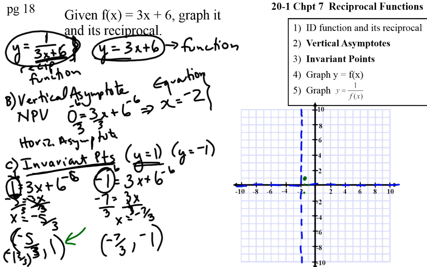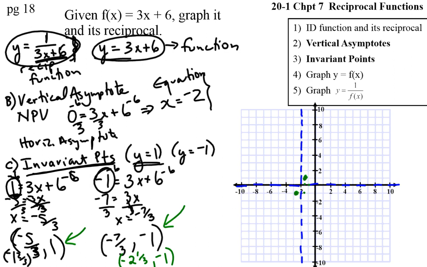There's negative 5/3 and 1, negative 1 and 2/3 and 1. There's one invariant point. Our second invariant point happens at negative 7/3, which is negative 2 and 1/3, negative 1. So at negative 2 and 1/3, negative 1, we have another invariant point. Those are the 2 points that both of our graphs have to pass through.